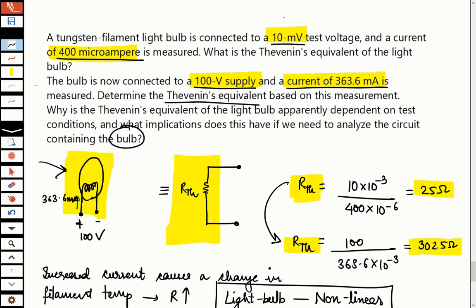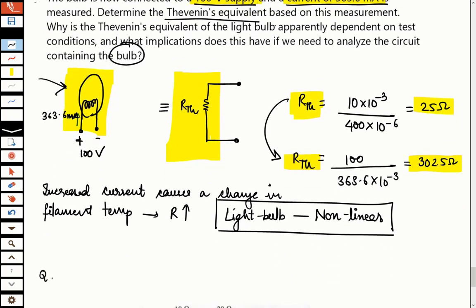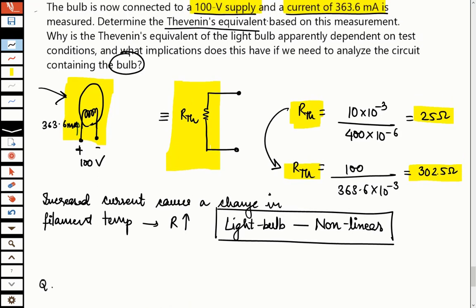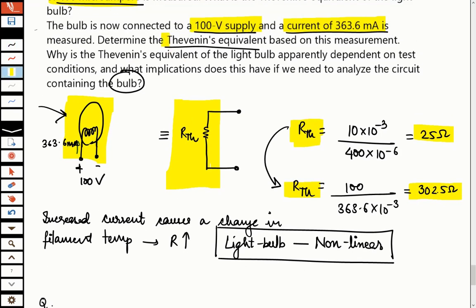And significantly the resistance has changed. That means this light bulb is exhibiting a non-linear behavior, and if it is exhibiting a non-linear behavior, then we cannot use Thevenin equivalent.